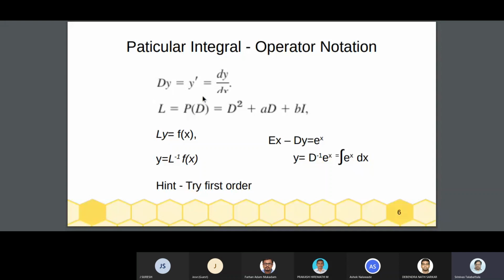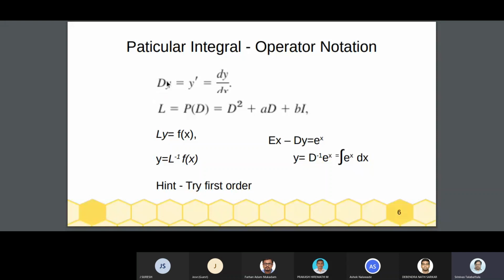So Ly equal to f of x is the differential equation. And you will write the solution notationally in terms of the operator as L inverse of f of x. So the trick of the problem, or the interesting point here, is what is this inverse of this operator? What is meant by inverse of D?